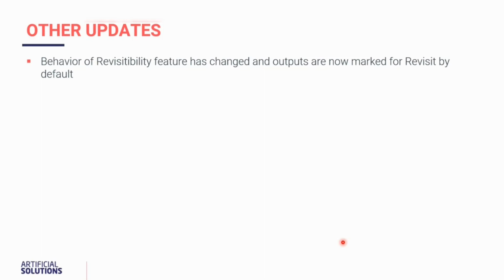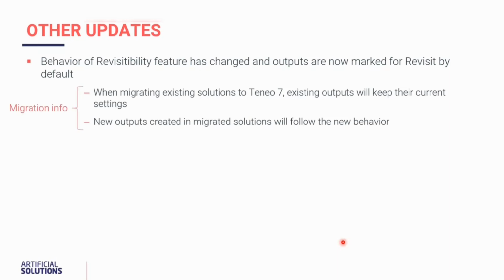In Teneo 7, the default is that revisitability is enabled. So on all outputs in complex flows, you will by default have revisit enabled, with a setting of 2 times. That's something to keep in mind when you start developing on Teneo 7.